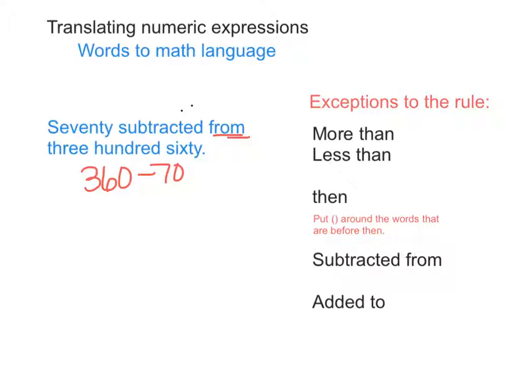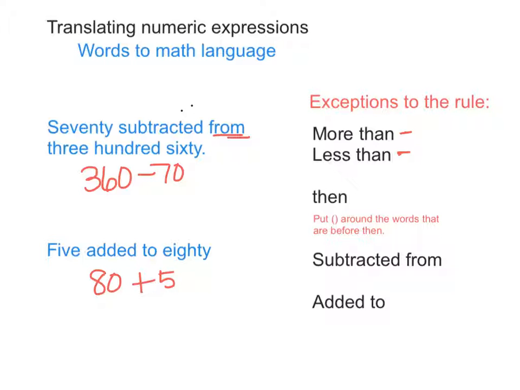So it's kind of like more than and less than in that you're going to reverse the order of the numbers. Instead of going left to right, you would then write the words that follow the word from, follow the word more than, and follow the word less than. The same is going to be true if you had added to. 5 added to 80. Remember that we're adding 5 to the number 80, so 80 would therefore come first, and then plus 5 because that is the operation.